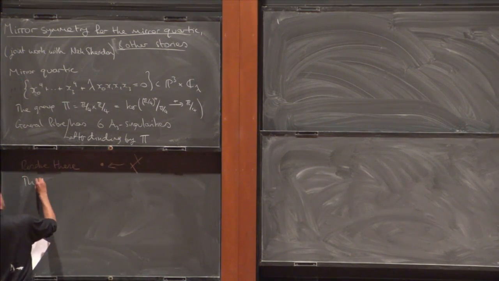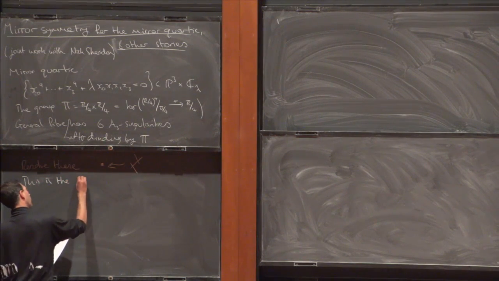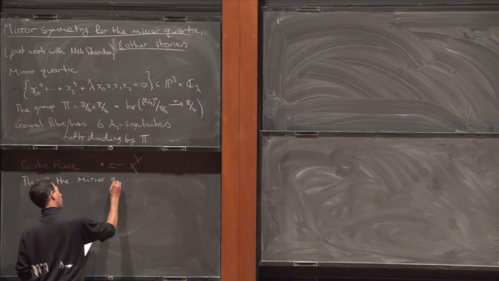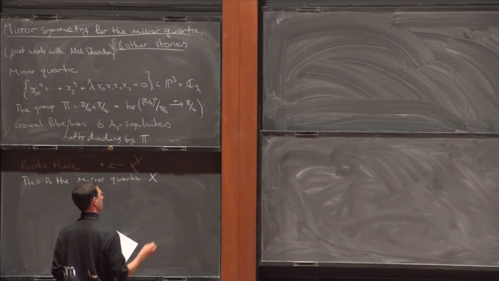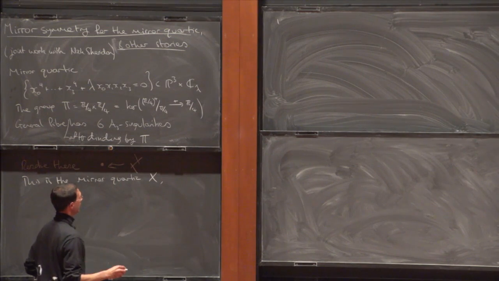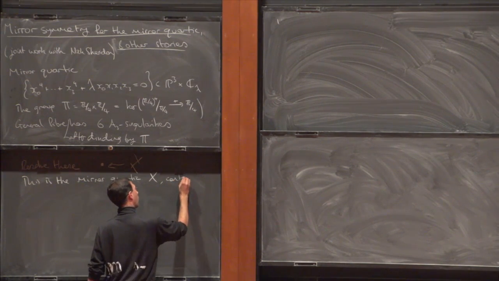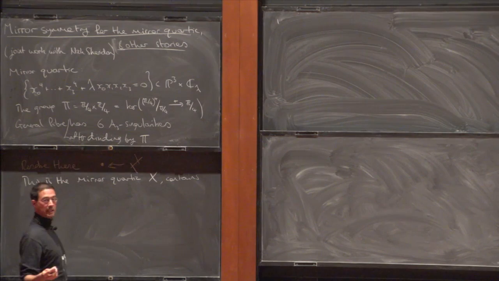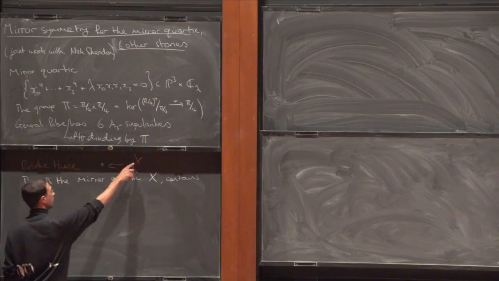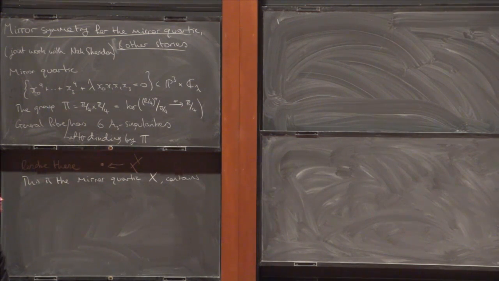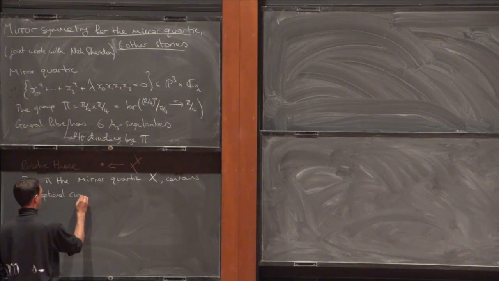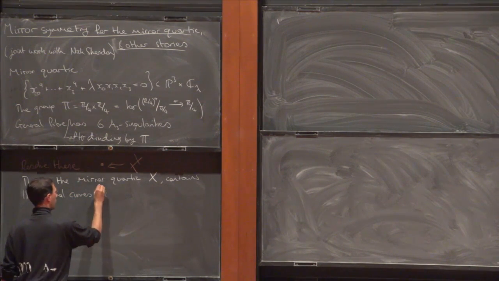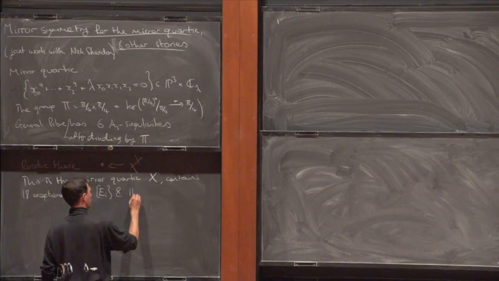So let me call that X. It contains these 18 exceptional curves coming from the resolutions of these 6 A3 singularities. And there's a hyperplane class.